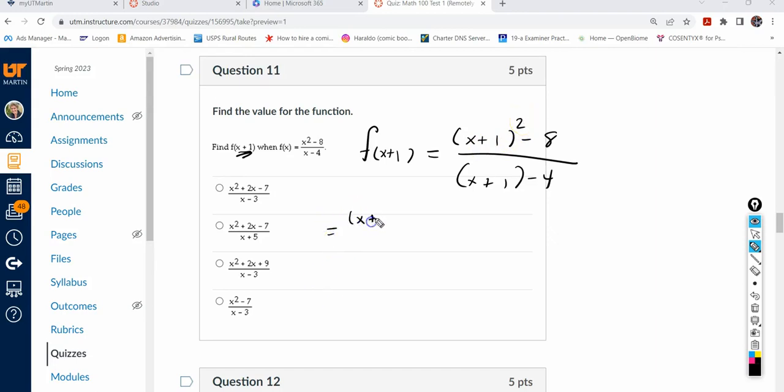It's going to be x plus 1 times x plus 1. And in the denominator, these parentheses don't matter, so I can just drop them. Okay, so if I FOIL this, I'm going to have x squared plus x, and then plus x again, so plus 2x. And then finally, 1 times 1 is plus 1.